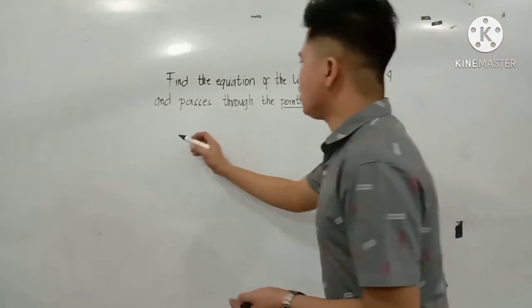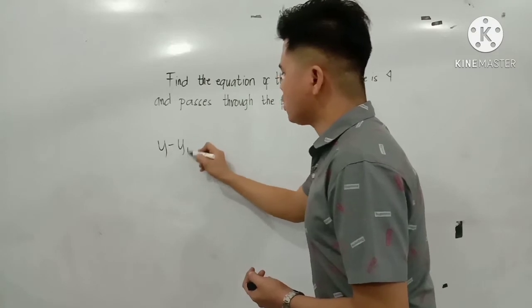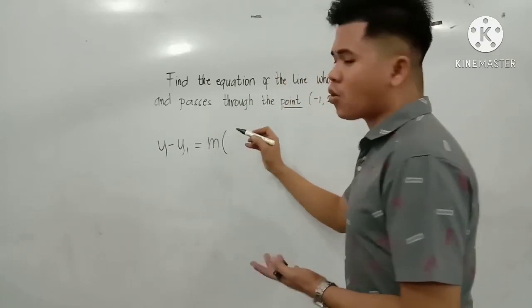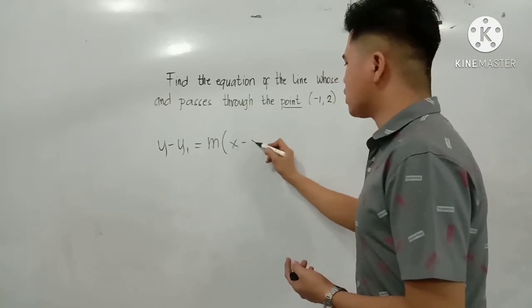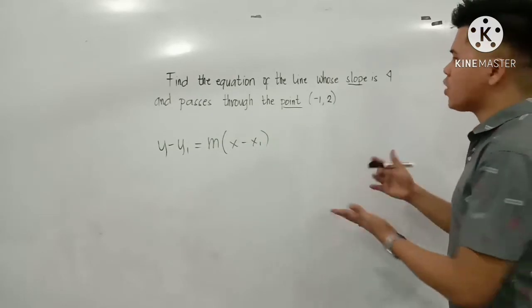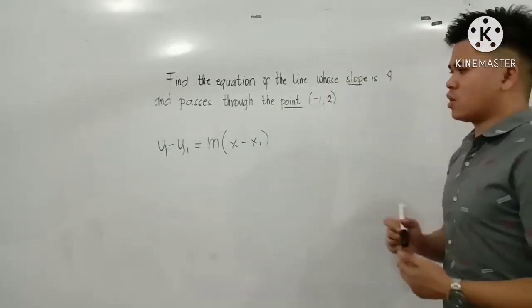So the equation in the point slope form is simply y minus y sub 1 is equal to m times the quantity of x minus x sub 1.